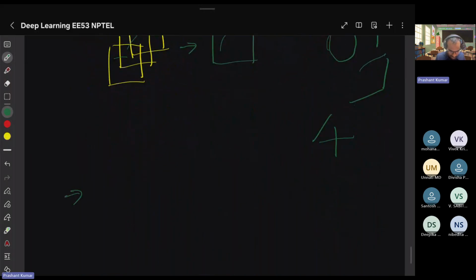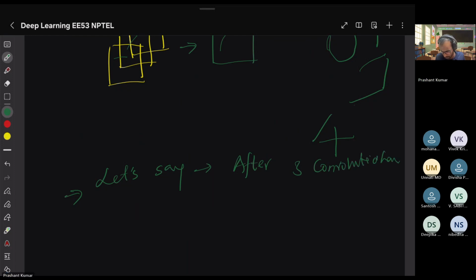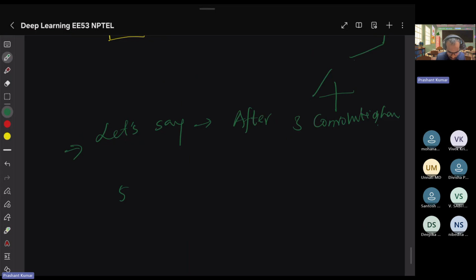Let's say after 3 convolution layers, I have a dimension of 5 cross 5 cross, let's say 80. Let's assume.